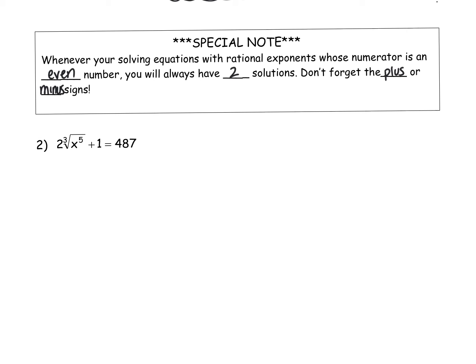So the first thing I notice is that I have a root and a power here. So in order to do number 2, we really have to remember the rule: x to the power over root equals the root of x to the power. In this scenario, we have the cube root of x to the 5th.